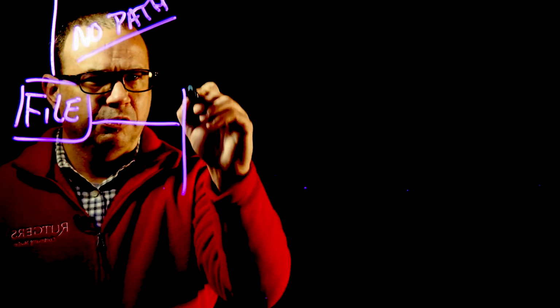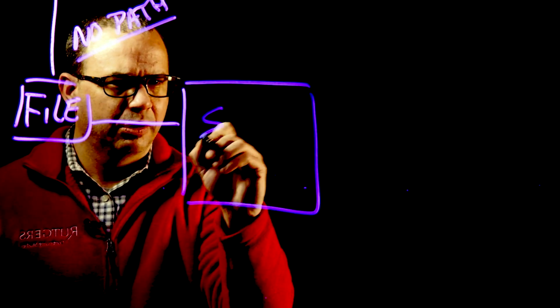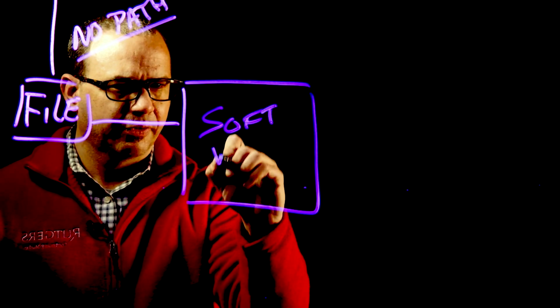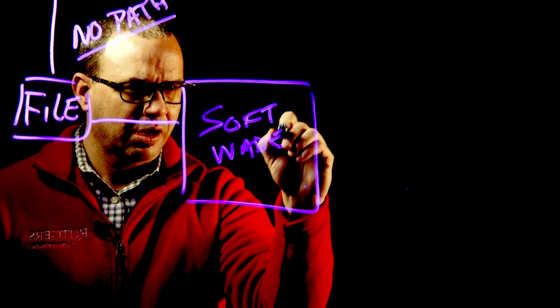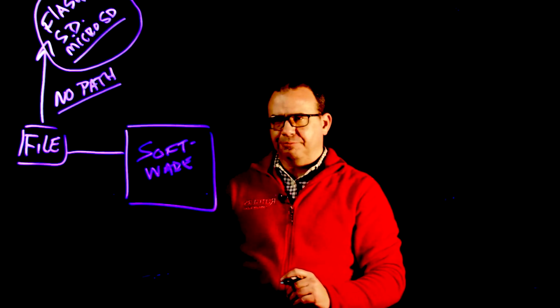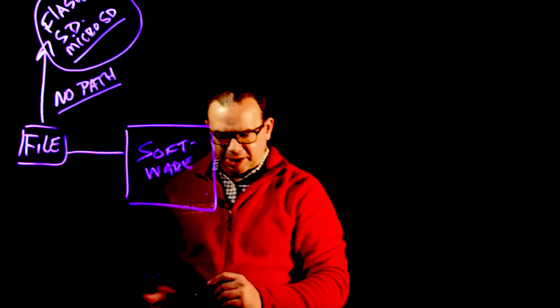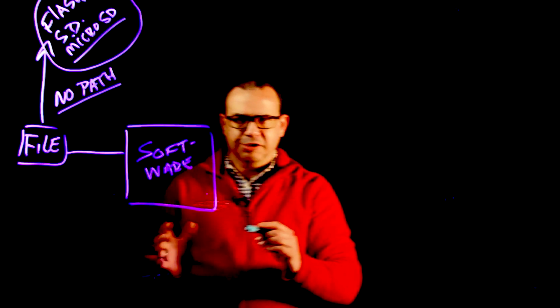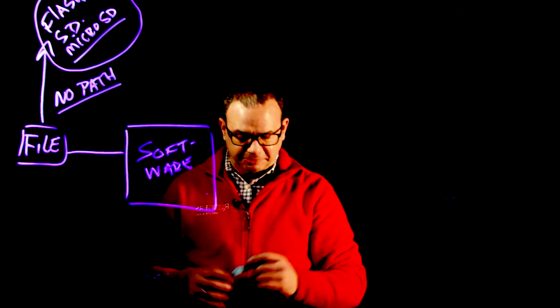I like having control. So I use software. I know it's one word. Put a hyphen in there. And what software does is software allows me to take a file, push that individual file to multiple places.